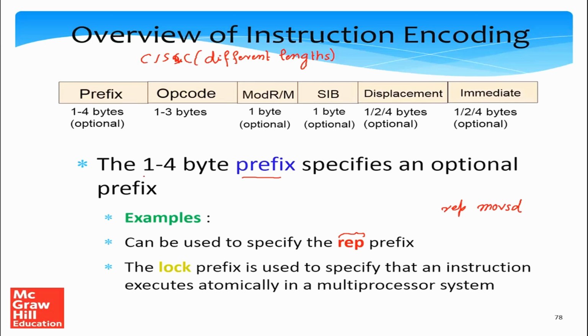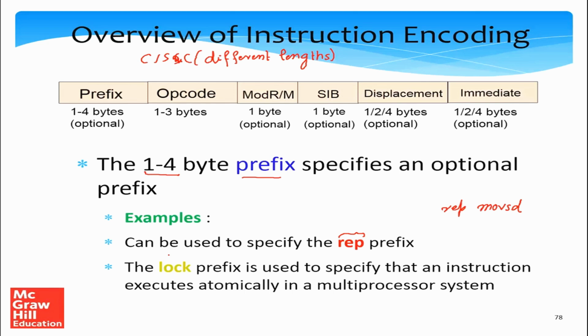That's the reason they can be anywhere between 1 to 4 bytes, so they can encode a fair amount of information. Another commonly used prefix is the lock prefix, which is used to specify that an instruction will execute atomically in a multiprocessor system. We'll discuss more about this when we go to chapter 11. What I mean by atomically is that it executes as if it's executing in an instant, so nobody can see any intermediate state of the instruction's execution.